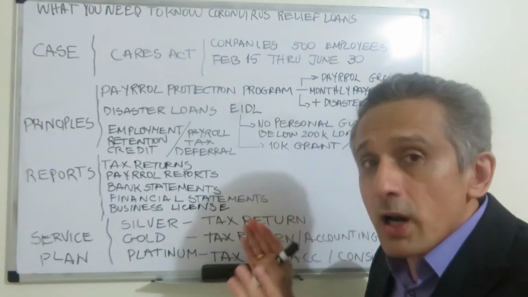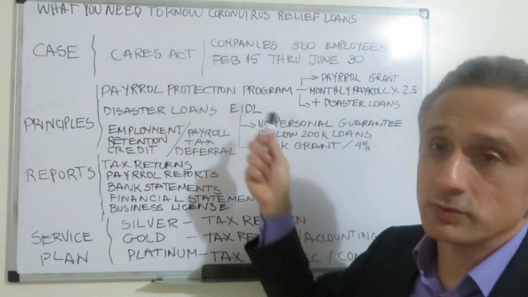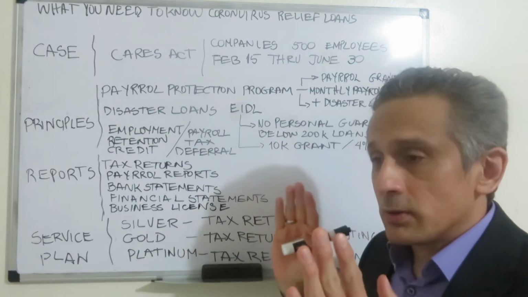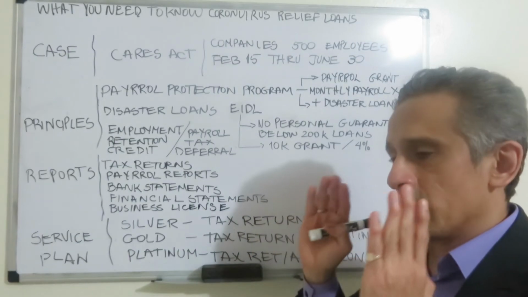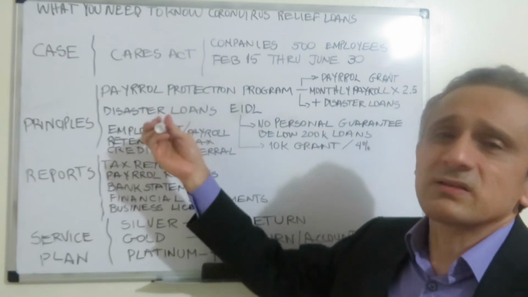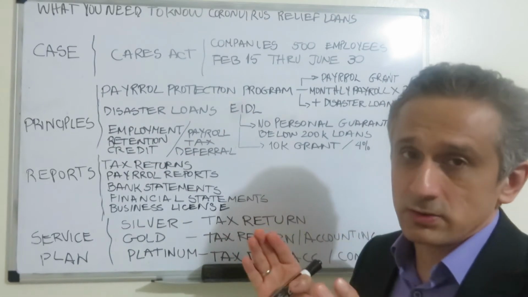In terms of the requirements for these loans, the Payroll Protection Program and the disaster loans, remember that they require a bunch of documents. The disaster loan is perhaps the one that requires more and more documentation.